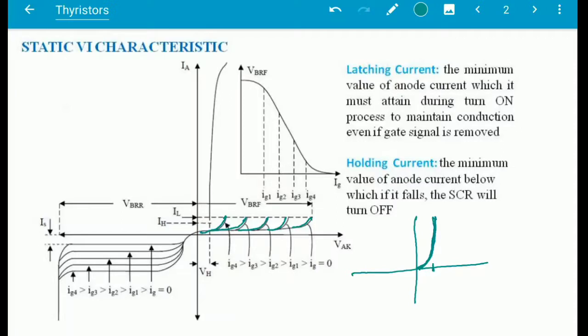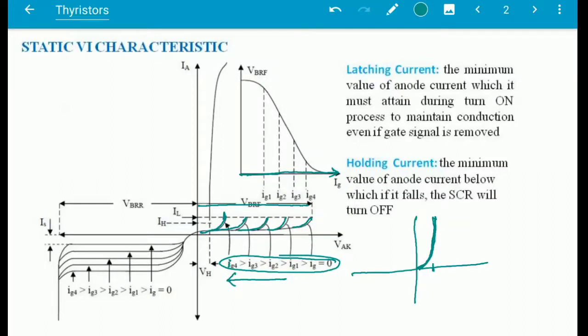If we apply more gate current, earlier current flow will be seen. That means if we increase the gate current, the forward breakdown voltage will decrease, so at low forward voltage we can get full conduction. This is the forward breakdown voltage for Ig4, which is the highest among the given gate currents.